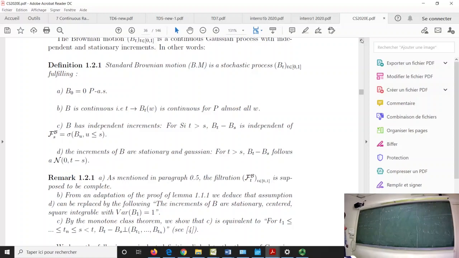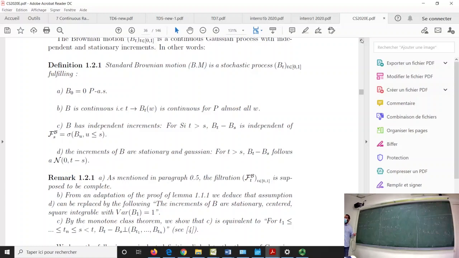Okay, so I just have to compute the small covariances. So if I am interested in the covariance between Bt minus Bs and, let's say, Bti, my objective is to prove that it is 0 in order to be able to use the result of this exercise, which tells me that I will have the independence.